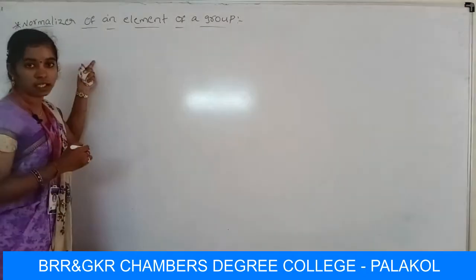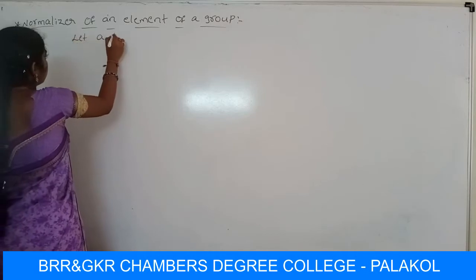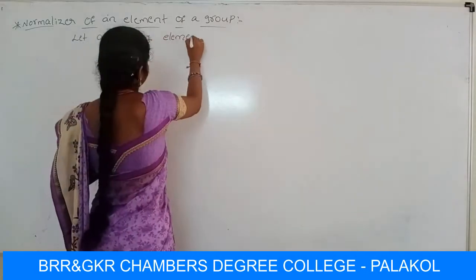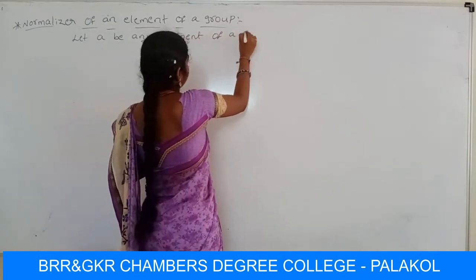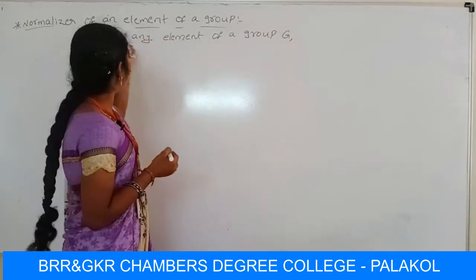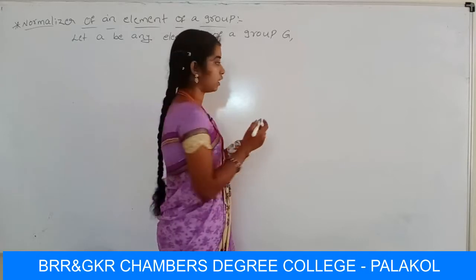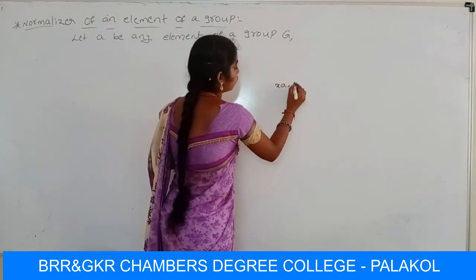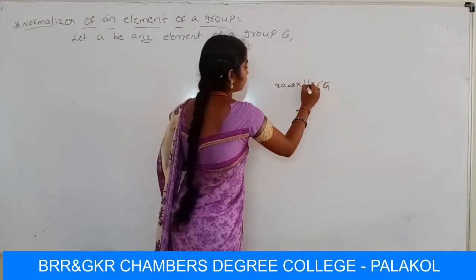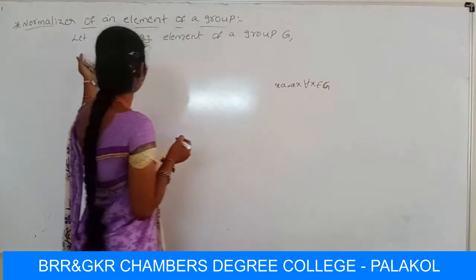Let A be any element of a group Z, then the normalizer of A is the set of all those elements which commute with A. That means xa equal to ax for all x belongs to Z. So then it is called the normalizer of an element of a group.